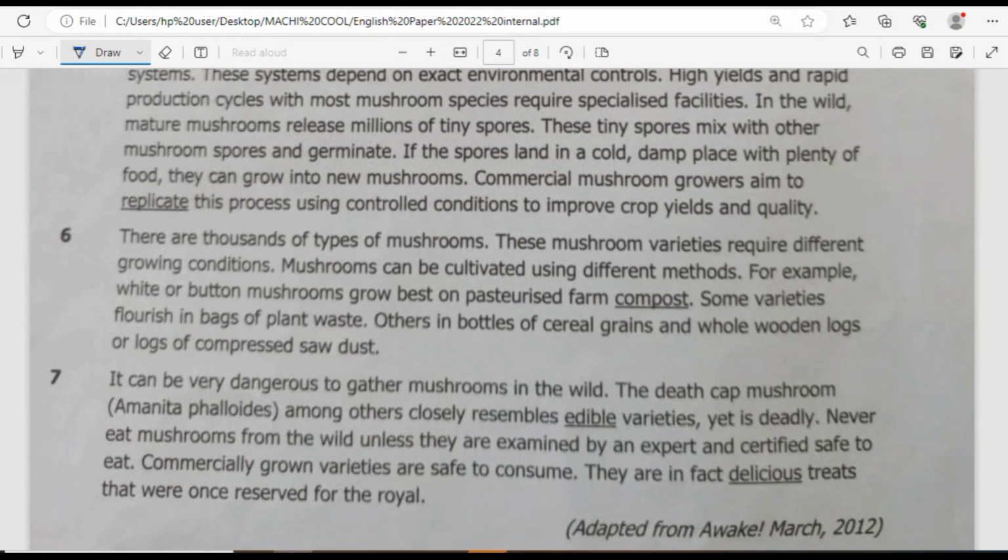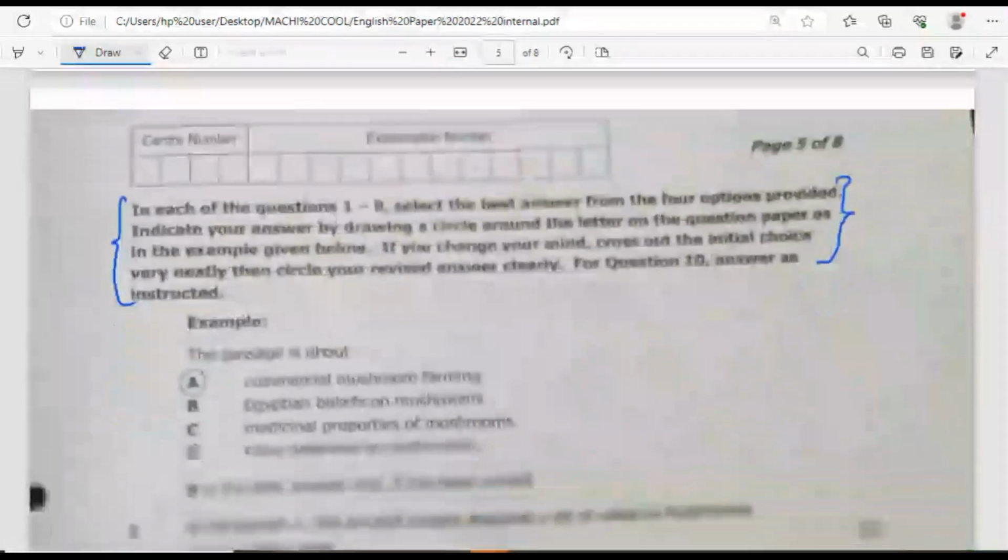The death cap mushroom, among others, closely resembles edible varieties, yet is deadly. Never eat mushrooms from the wild unless they are examined by an expert and certified to eat. Commercially grown mushrooms are safe to consume. They are in fact delicious treats that were once reserved for the royals.